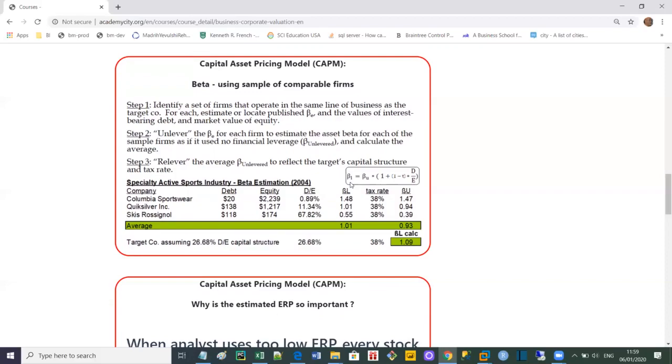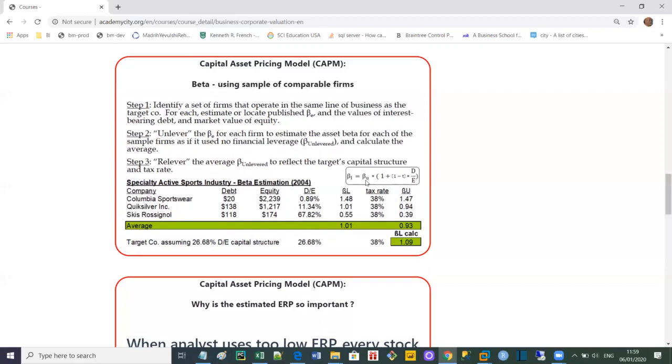By how much higher? By that factor we have in parentheses: 1 plus (1 minus T) times D over E. D meaning the total debt, and E is the total equity of the company. So if I know the unleveraged beta, I can convert it to leveraged beta, and vice versa. If I know the leveraged beta, I can just divide by that factor and I get the unleveraged beta.